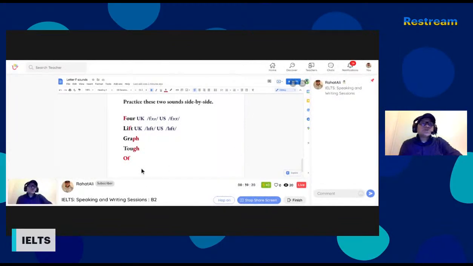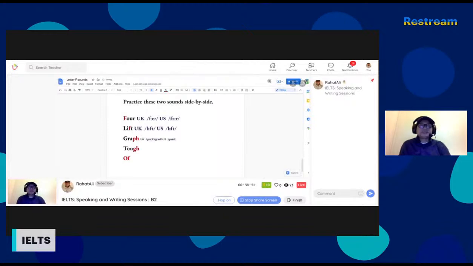So our next word is graph. Graph, okay. See the difference between graph.